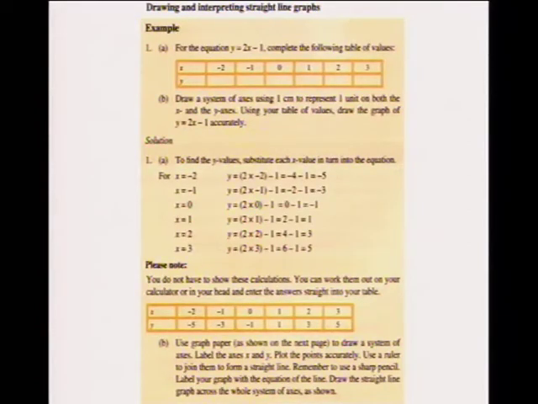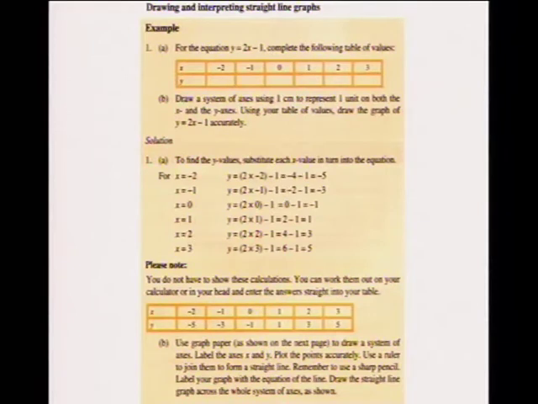Now, this is always nice, drawing and interpreting straight line graphs. We know that there are different types of graphs. Straight line graph, example, the equation is given. y is equal to 2x minus 1. Complete the table of values. And we start from minus 2 for the x values up to 3.